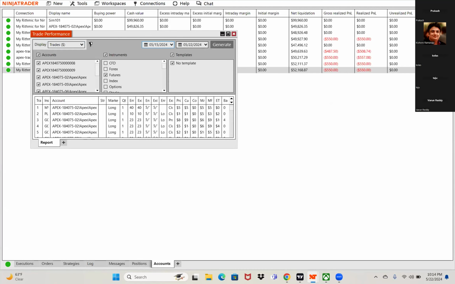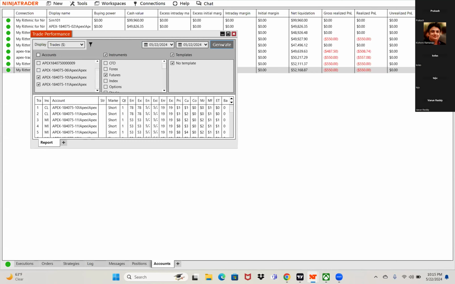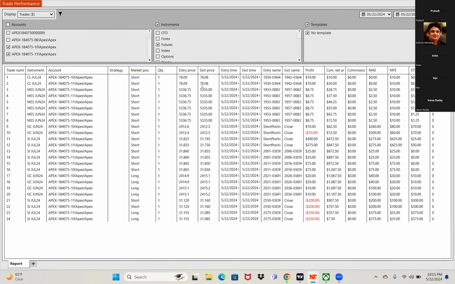Give today's date. Just select those two accounts. You can uncheck everything. Select today's date. Click on generate. If you maximize, you can see what trades it might have taken. So it made $400 for one trade, 375 for another.